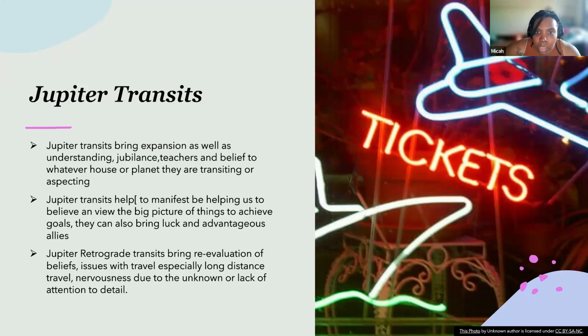So in my own chart, I have Jupiter in Virgo, which on its own is not that awesome or exciting, but Jupiter is in my ninth house. You could thank Jupiter in Virgo for while I'm sitting here teaching you guys astrology, because that's directly correlated to that Jupiter placement in my own personal chart with teaching.